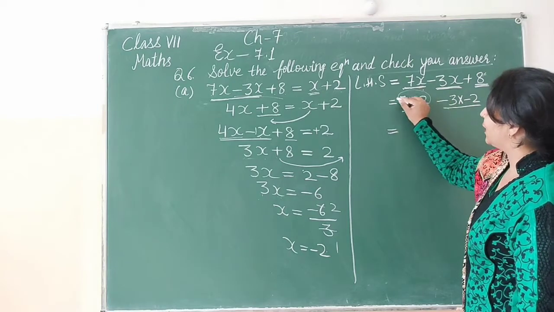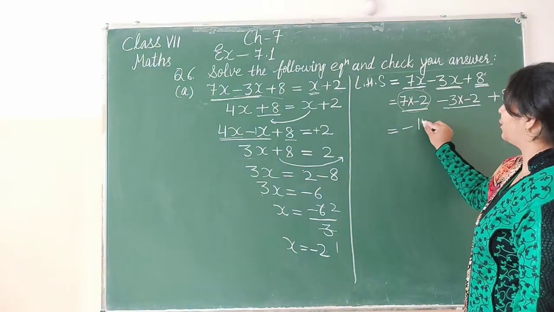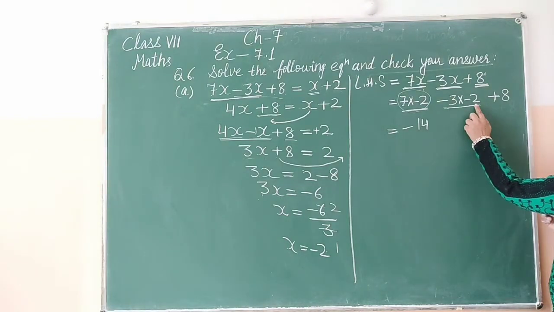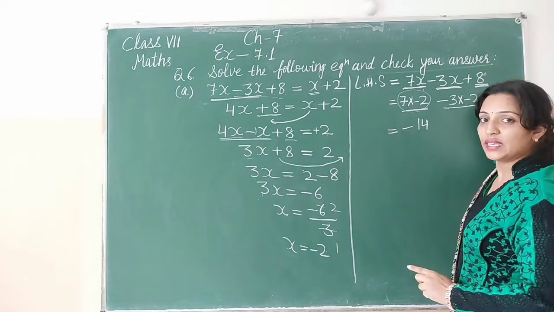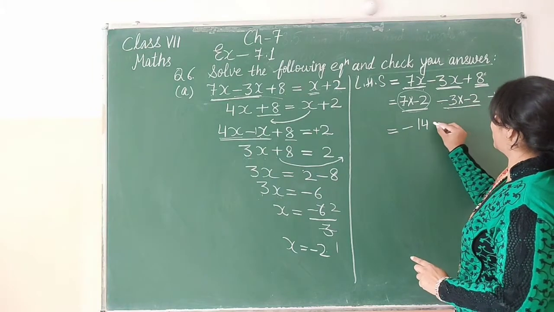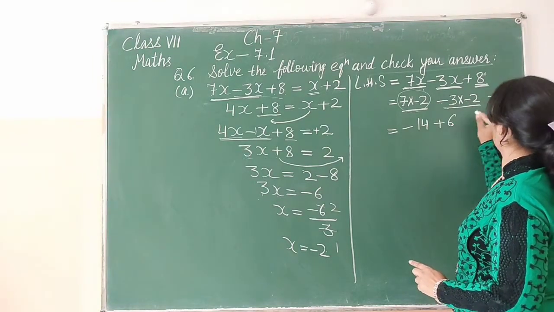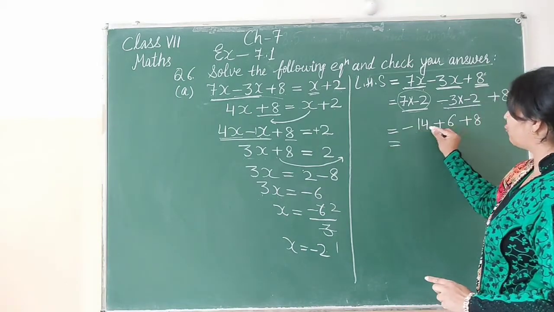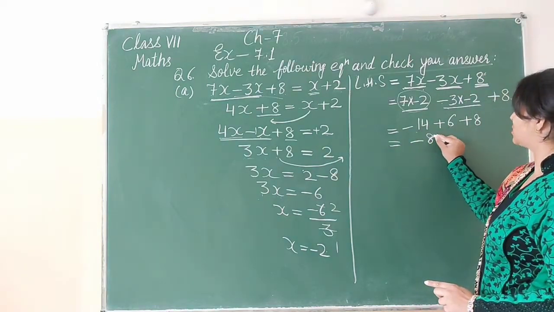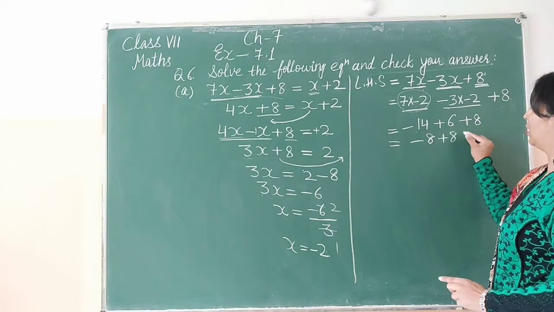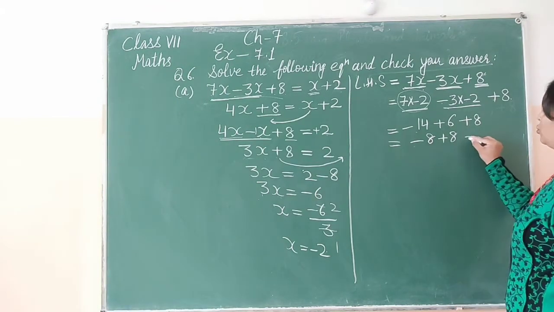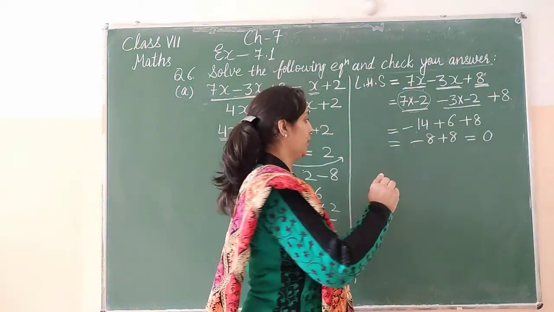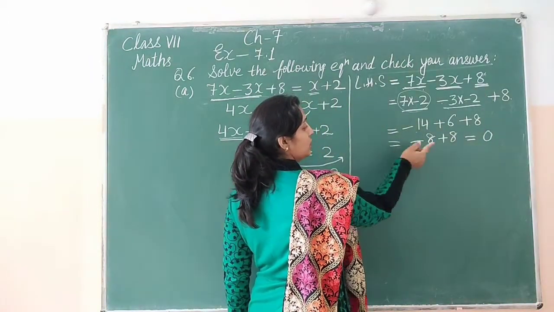Now 7 multiply negative 2, negative 14. Now this we have to solve. Negative 3 multiply negative 2. 3 twos are 6 and negative multiply negative positive. Plus 8. Negative 14 plus 6, negative 8 plus 8. Negative 8 plus 8, you know that is 0. Okay? So left hand side is 0.